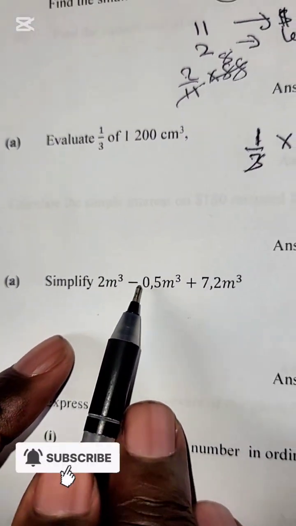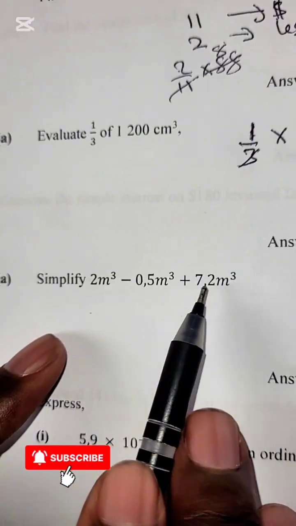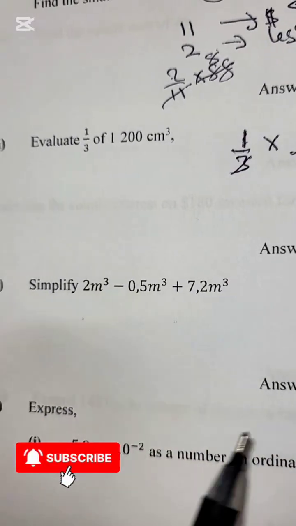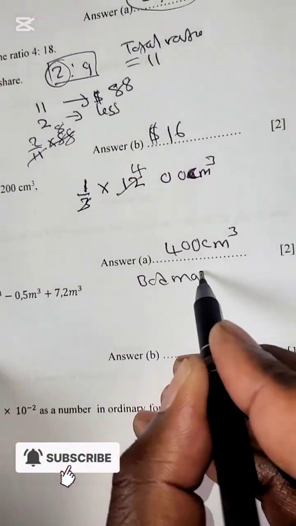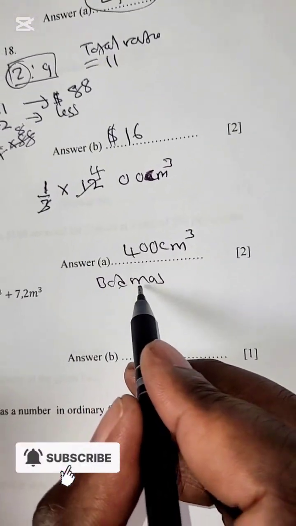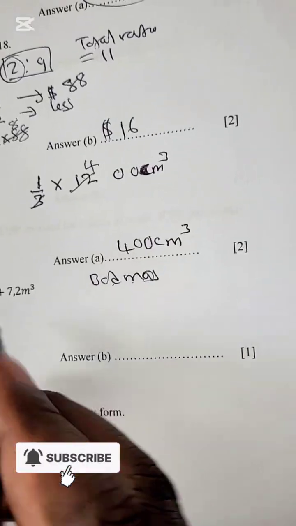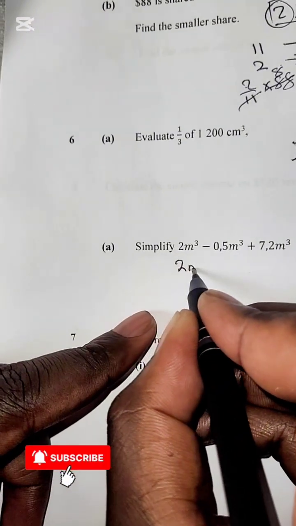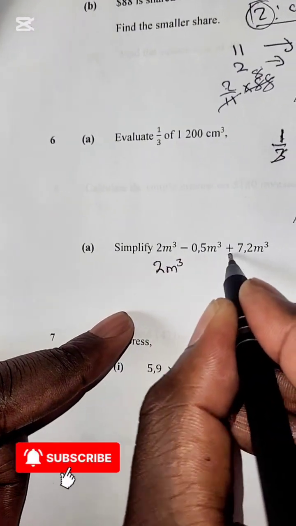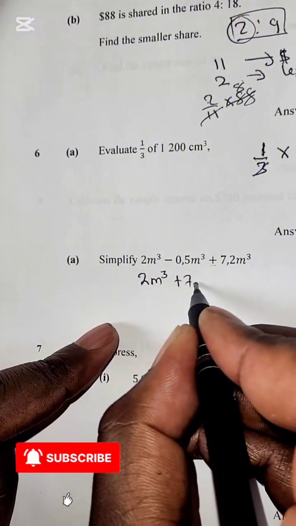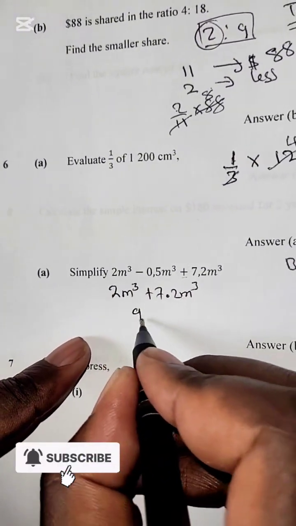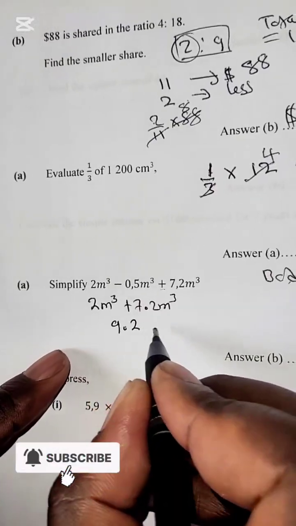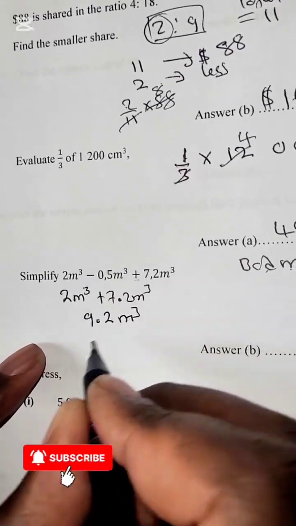Okay, so I want to add 2m cubed minus 0.5m cubed plus 7.2m cubed. You can use BODMAS: brackets, division, multiplication, addition. So on addition, I'm going to say 2m to the power of 3 plus 7.2m to the power of 3. If we add, we get 9.2m to the power of 3.